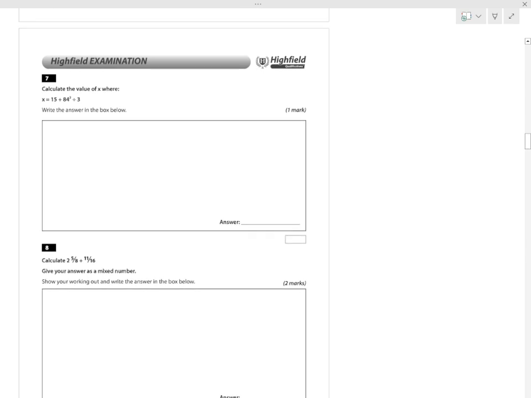Calculate the value of x where x equals 15 plus 84 squared divided by 3. So let's go big maths. Write that down so we can do things in the right order. We do the indices first. 84 squared is 7056.